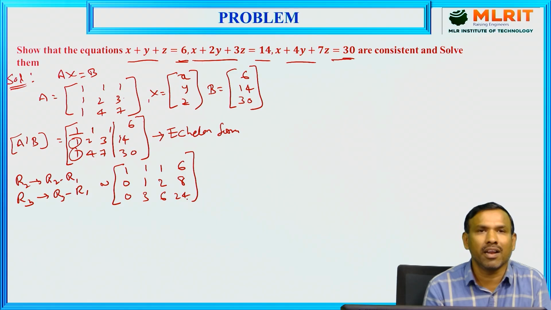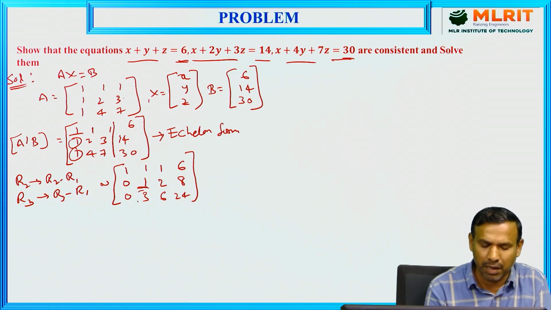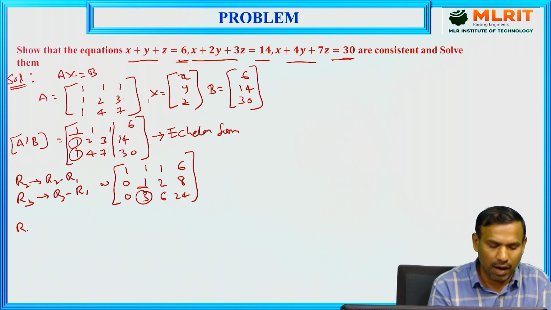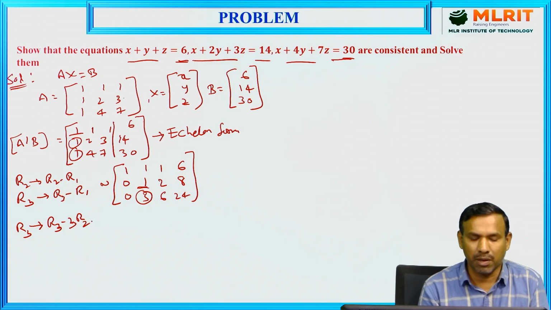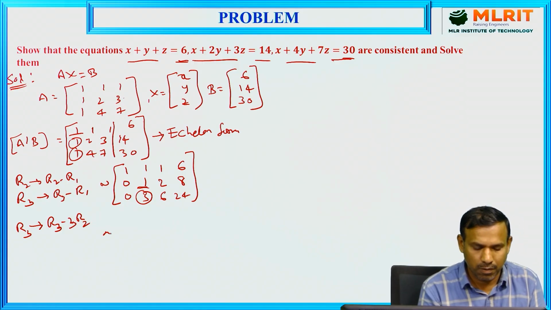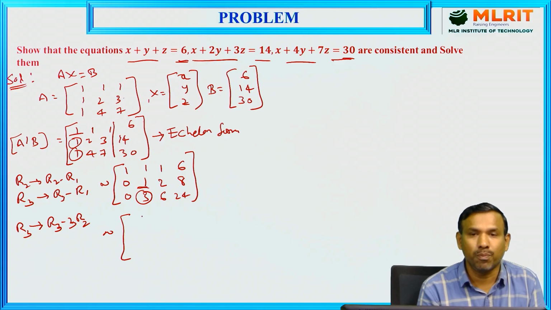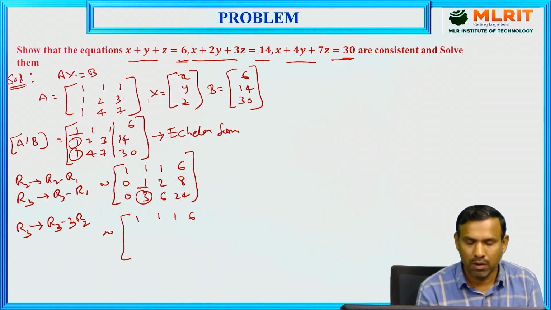But still it is not in echelon form. For the second diagonal element, or second pivoting element, make the element below it 0. That is R3 implies R3 minus 3R2, because 3 minus 3 becomes 0, right? First row, no change. Second row, no change.